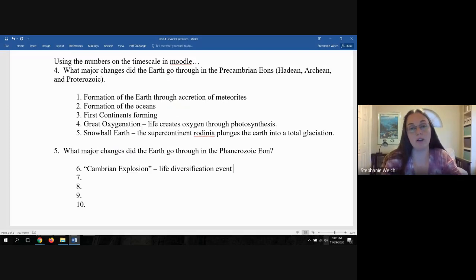Effectively, when specifically hard-shelled, very easy to fossilize life became really abundant, really complex, and had many different species evolved in a really fairly short period of time.